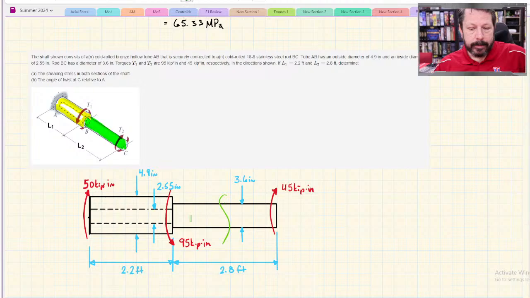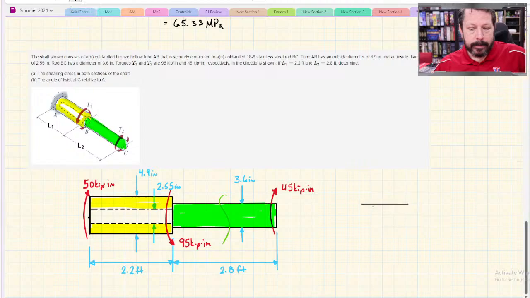This is green from our previous diagram, and here's our yellow from our previous diagram. In the green section, I've cut through the middle of it, and I can draw either free body diagram, the left side or the right side. Looks like the right side's easier to do.